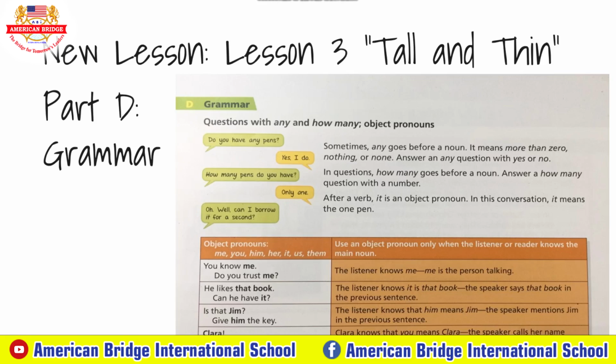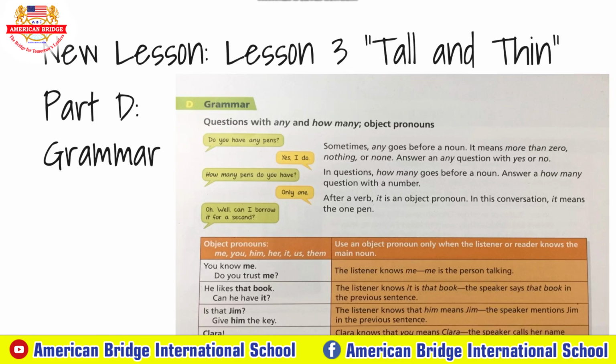You know me. Do you trust me? So use an object pronoun only when the listener or reader knows the main noun. So here's the question. You know me. Do you trust me? The listener knows me. Me is the person talking. Next is, he likes that book.